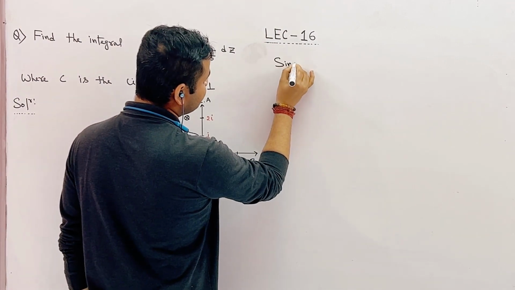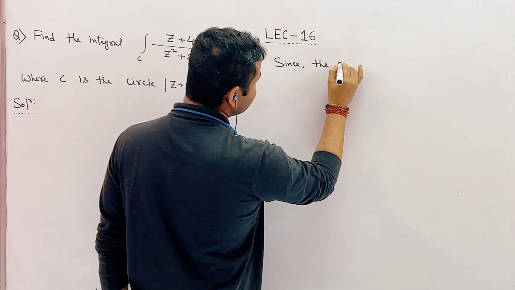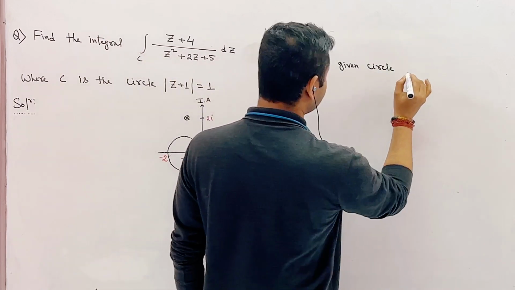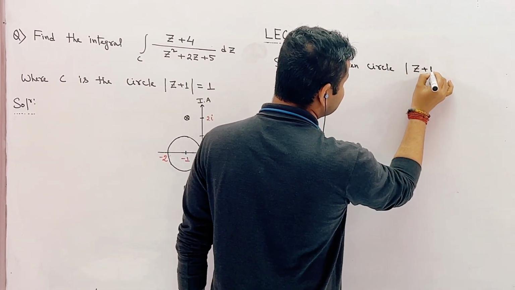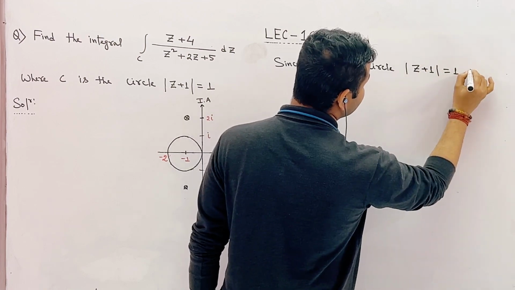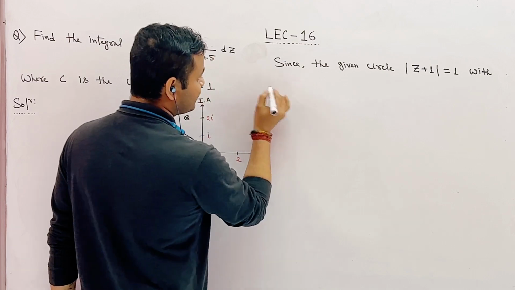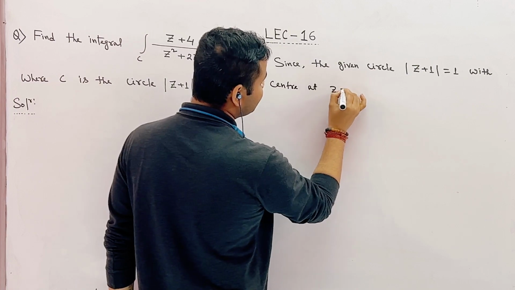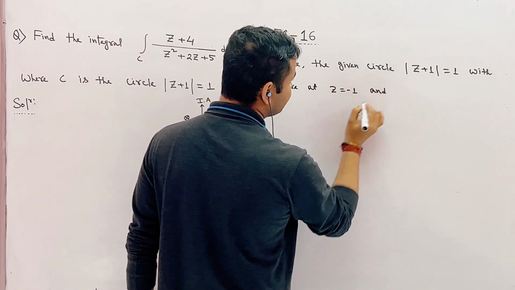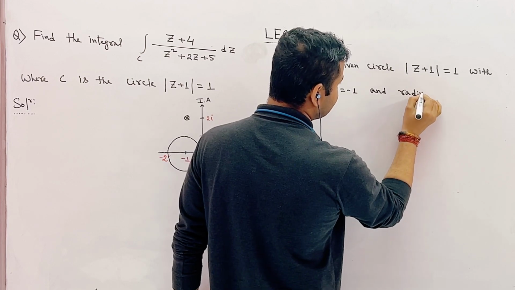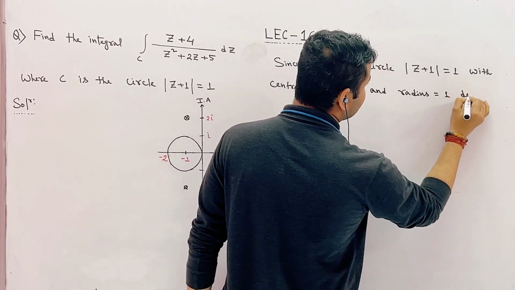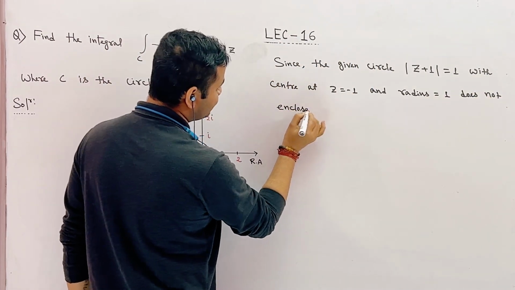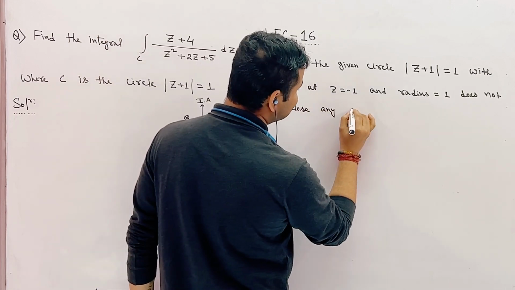Since the given circle modulus of z plus 1 equal to 1 with center at z equal to -1 and radius 1 does not enclose any singular point.